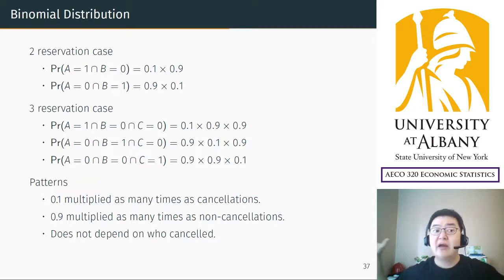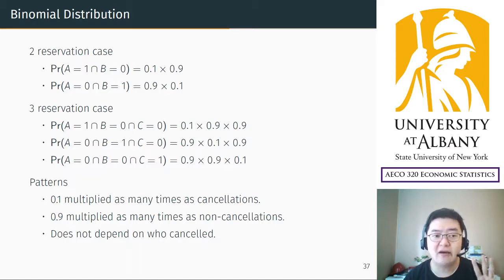But in the end, we have to sum them up. That makes the problem much easier. So remember these 3 key ideas. You multiply the probability of success as many times as the success happens. And of course, the probability of failure must be multiplied as many times as the number of failures that happened.